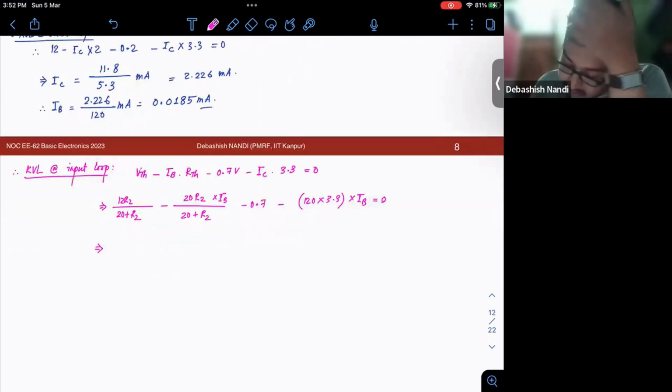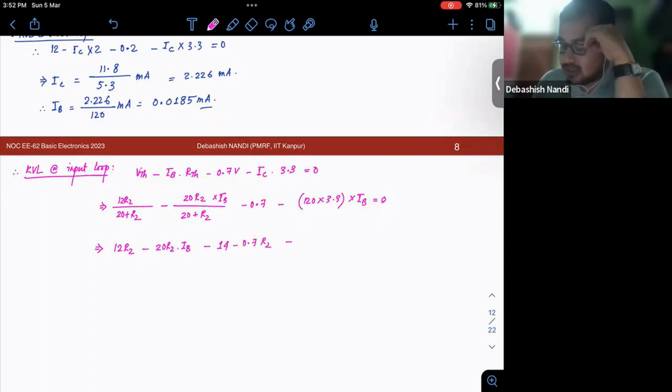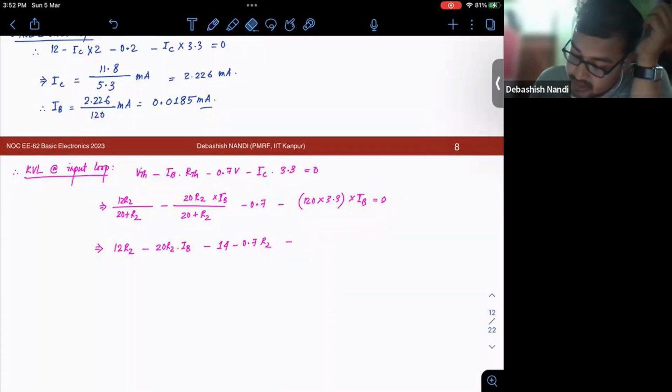So if I just do that, it becomes 12 R2 minus 20 R2 into IB minus 20 into 0.7 is 14 minus 0.7 R2 minus 120 into 3.3, that is 396, let's keep it 396, it doesn't matter, 396 IB into 20 plus R2 is equal to 0.